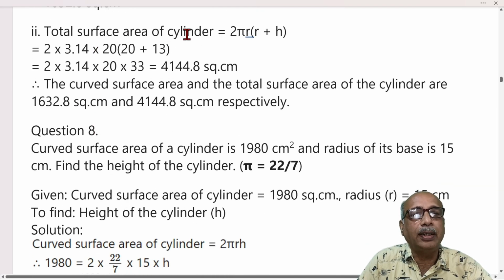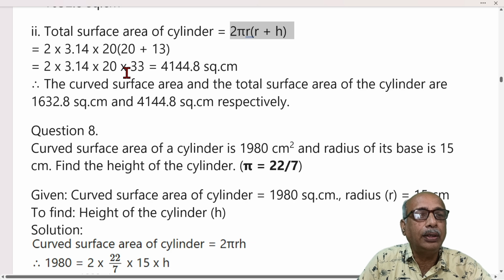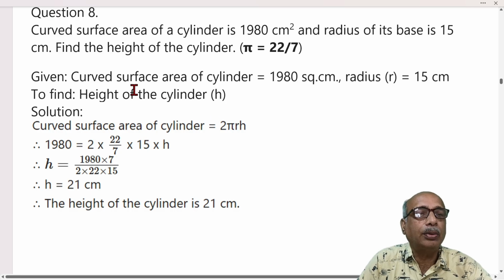Total surface area of cylinder equals 2 pi R into R plus H. Substitute the values here. You will get 4144.8 square centimeter. Therefore, the curved surface area and the total surface area of the cylinder are 1632.8 square centimeter and 4144.8 square centimeter respectively.